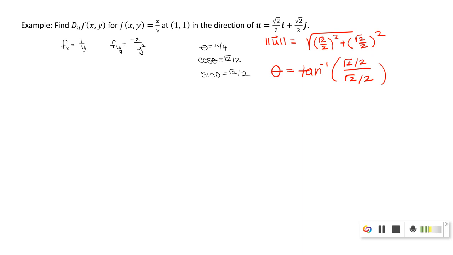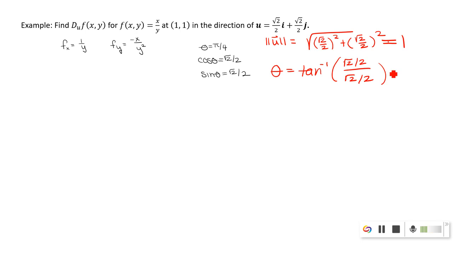If you didn't recognize those numbers, you could find the magnitude of vector u by taking the square root of the sum of its components squared. I'm not going to go through that work, but that should simplify down to 1. So that's how you would know it's a unit vector. And if you weren't sure what the angle was, you could take the inverse tangent of the y component divided by the x component.